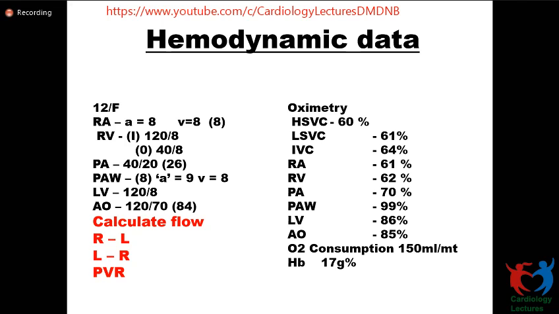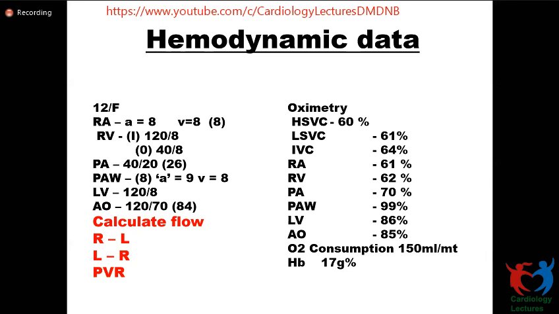Okay, now actually you should calculate the right to left shunt. Well, at least you tell me the formula for pulmonary vascular resistance. Because here, when you consider whether the patient should be taken up for a total correction, you should have an idea of the pulmonary vascular resistance and whether any significant vascular changes have taken place.